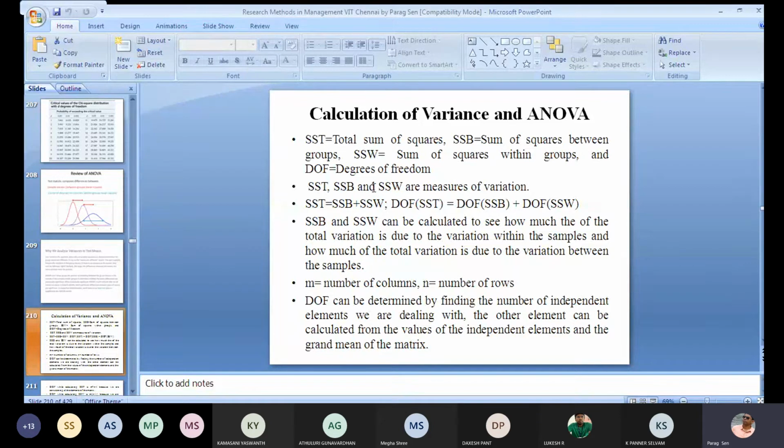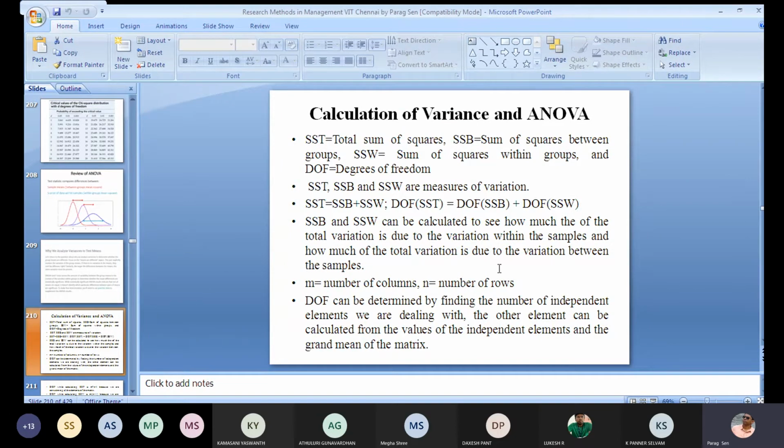SST, SSB and SSW all measure the variation, and the sum of square total is the sum of square between plus the sum of square within. Similarly, the degrees of freedom for the sum of square total is equal to the degrees of freedom of the sum of square between plus the degrees of freedom of the sum of square within, and that is quite natural.